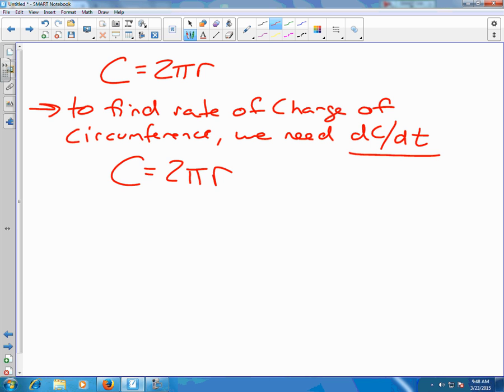Right? So the derivative of c is just going to be 1 times dc. And 2 pi is just a constant, so it just stays there. And the derivative of r is just going to be 1 times dr. So now we have dc is equal to 2 pi times dr. Right?